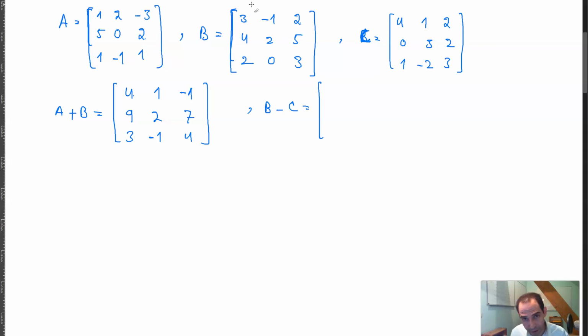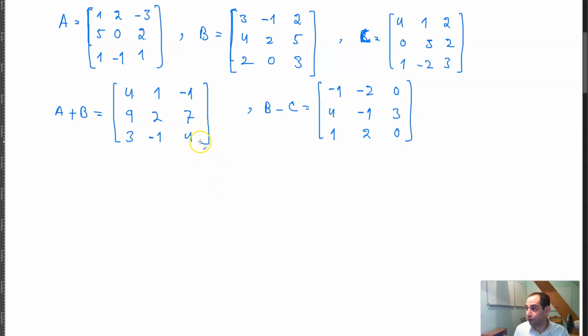That's basically the same thing, whichever one you do. So 3 minus 4 is equal to negative 1, negative 1 minus 1 is equal to negative 2, 2 minus 2 is equal to 0, 4 minus 0 is equal to 4, 2 minus 3 is equal to negative 1, 5 minus 2 is equal to 3, 2 minus 1 is equal to 1, 0 minus negative 2 is equal to positive 2, and 3 minus 3 is equal to 0.